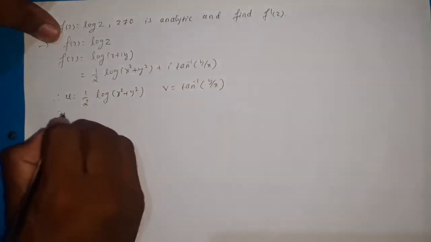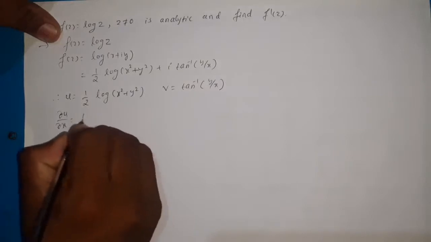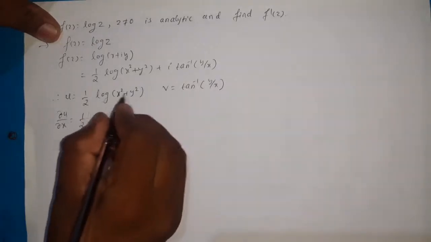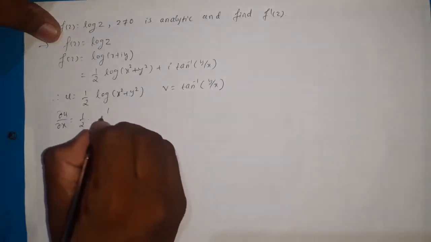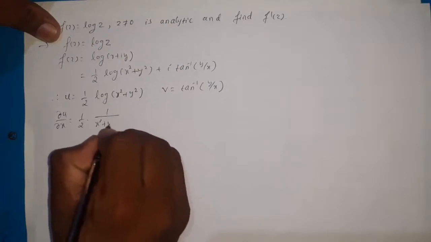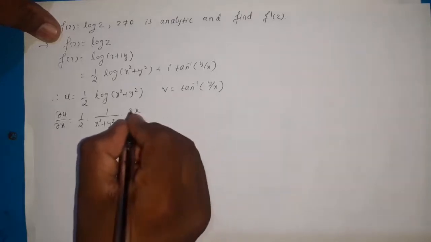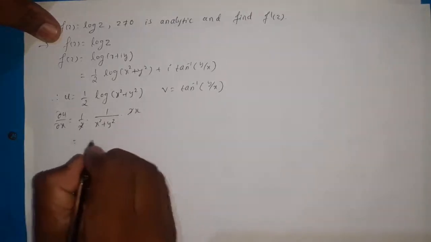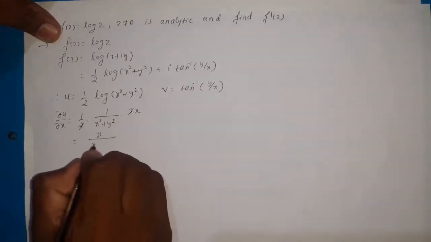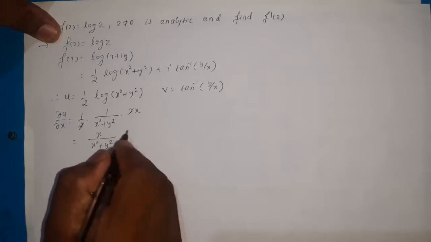Then ∂u/∂x: 1/2 is constant, then the derivative of log f(x) is 1 divided by (x² + y²) into f'(x), which is 2x, and the 2 gets cancelled, so it is x divided by (x² + y²).